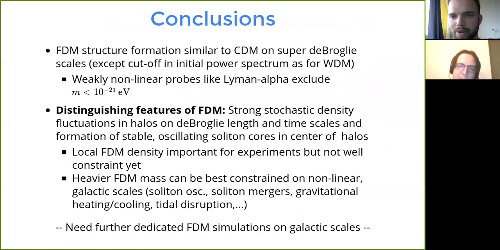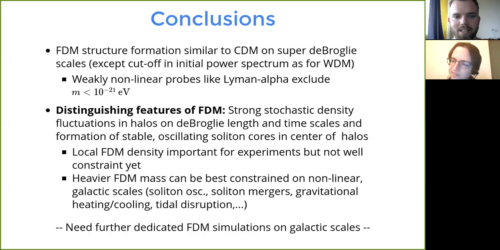Okay, so that brings me to my quick conclusions. At the beginning, I said that fuzzy dark matter structure formation is similar to cold dark matter on super de Broglie wavelengths, with the exception of this initial cutoff that, for example, can be probed by Lyman alpha, and that excludes masses smaller than 10 to the minus 21 eV. But as soon as you have slightly heavier masses, then deviations are in the strongly nonlinear regimes in collapsed structures of filaments and halos.